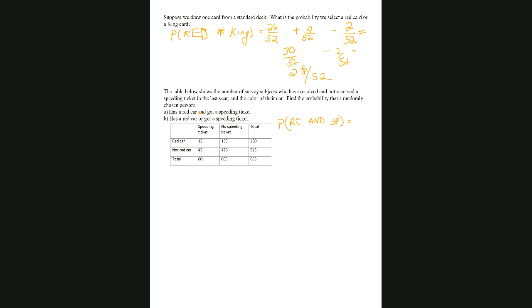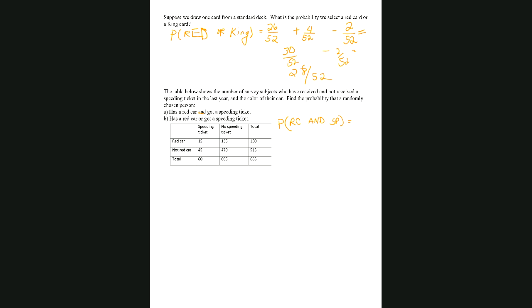So these are not independent. So we don't need to use the formula, but even if we needed to, we couldn't, because these are not independent events. But we don't need it because we can easily see that the intersection of the column speeding ticket and red car is 15.